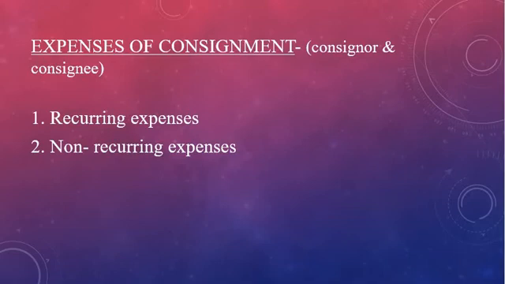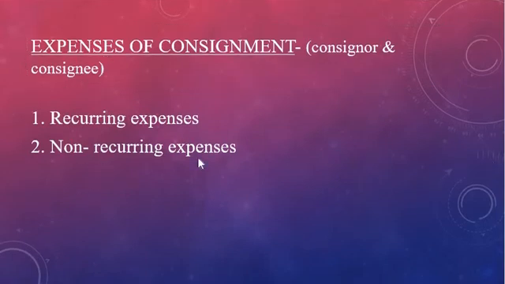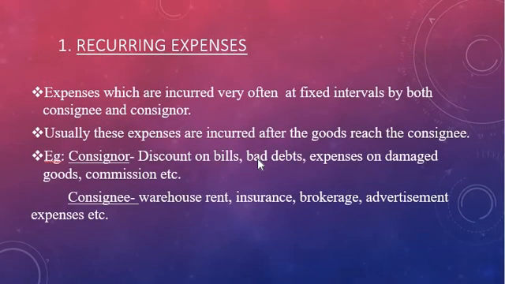So what kind of expenses are considered in consignment? There are two kinds of expenses: one is the recurring expenses, and next is the non recurring expenses. Now let's check what the recurring expenses are.